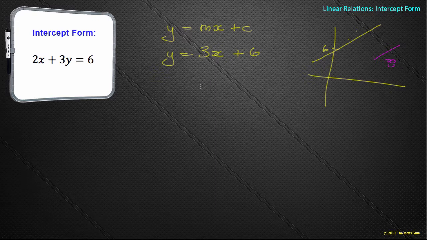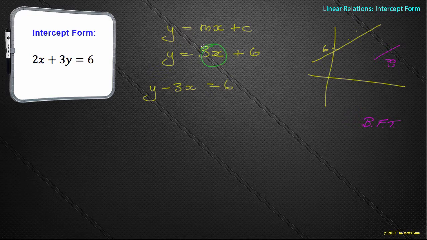But again, maths being a bit tricky means that we end up in a situation where they can try and confuse us. They may write it in a different form. So if I had this written as y minus 3x equals 6, it's exactly the same graph, but it's just written in a different way.